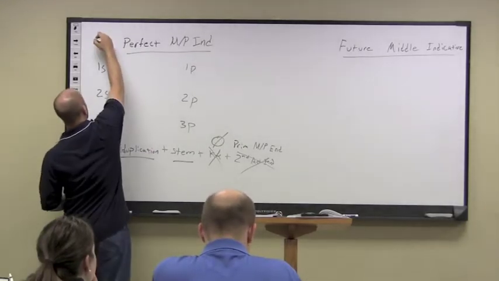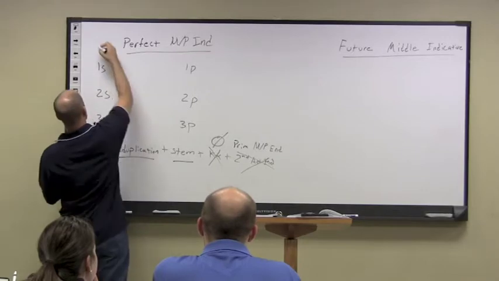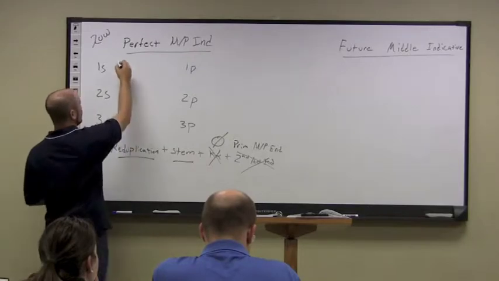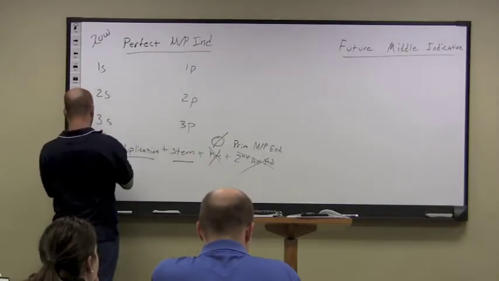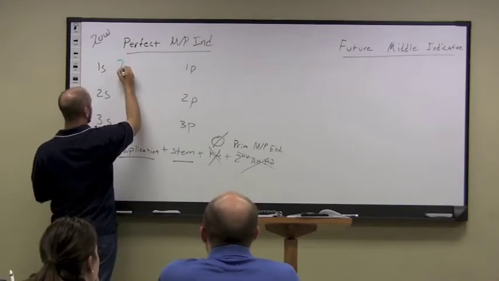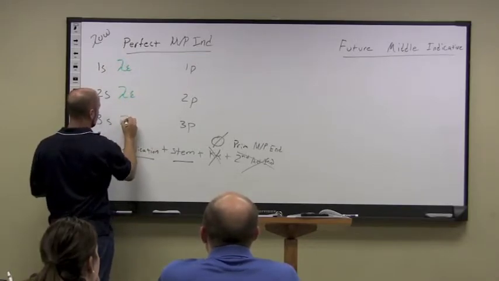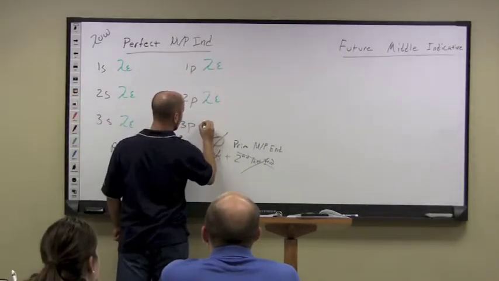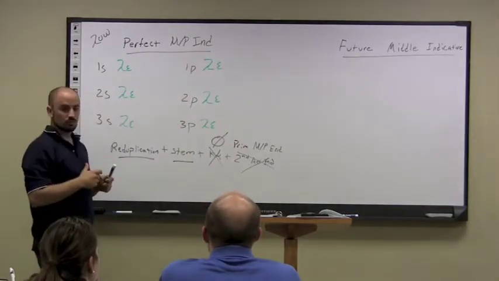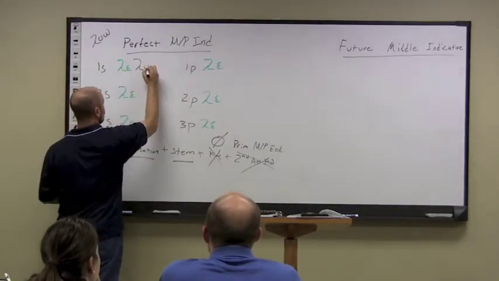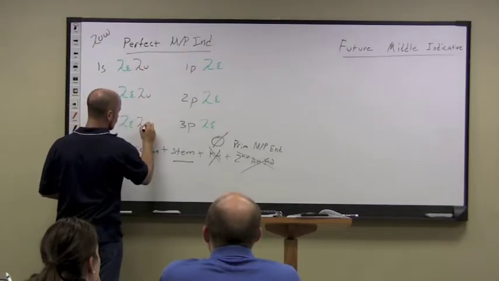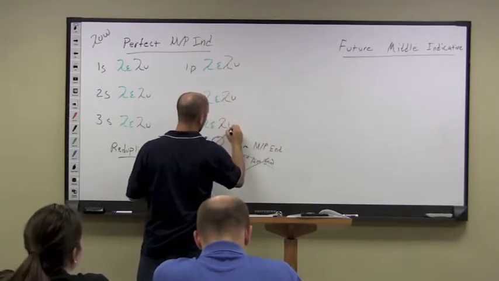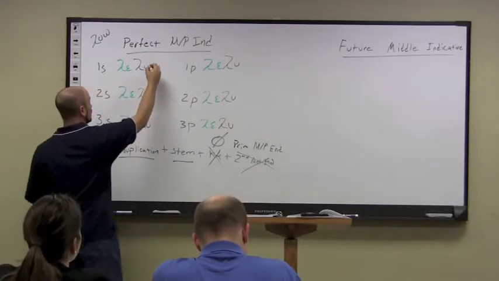So for luo, conjugating down, we can give our reduplication, our stem, lu, and then our endings.